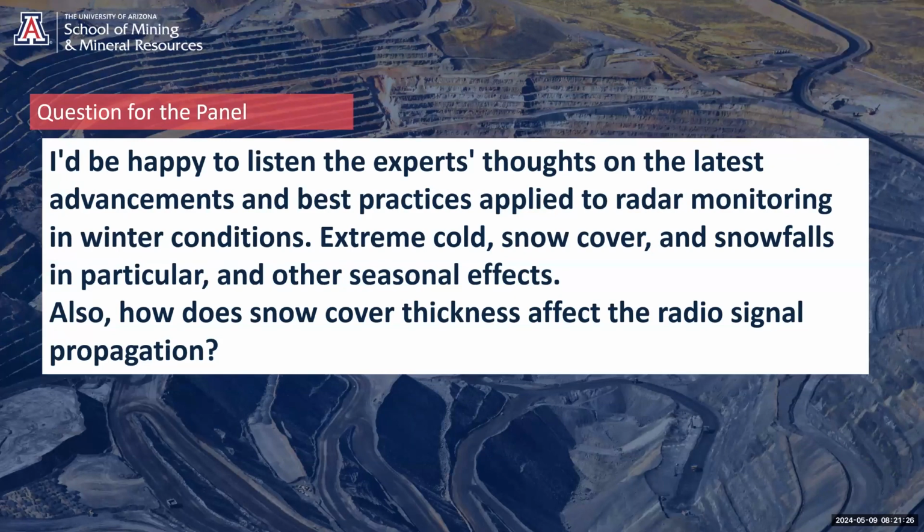Okay, I can, Albert, have a crack at it. Sure, go ahead. So, winter conditions. Let's assume we are talking about winter in the areas with snow. In the rest of the world, winter is a rainy season. So let's talk about extreme cold, snow cover, snowfalls.